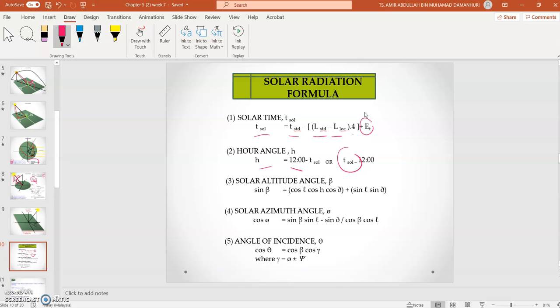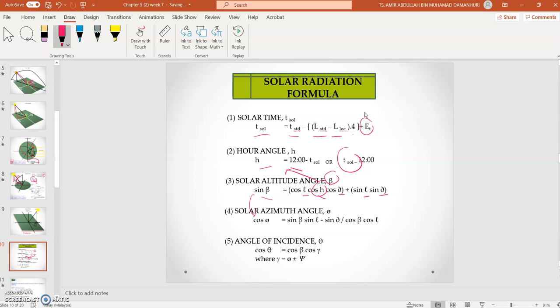Now we are going to the solar altitude angle, which is the beta. So sin beta equals cos L cos H cos alpha plus sin L sin alpha. So how we find the L, H, alpha is basically from the table. So cos H is from here. Alpha is from the table, L is also from the table. So after we find the sin beta data, we are going to put it in the solar azimuth angle phi.